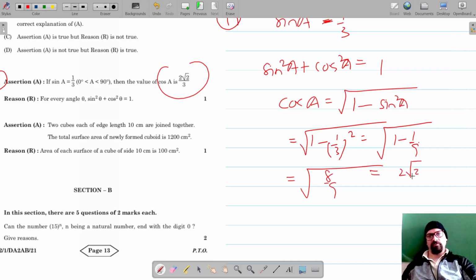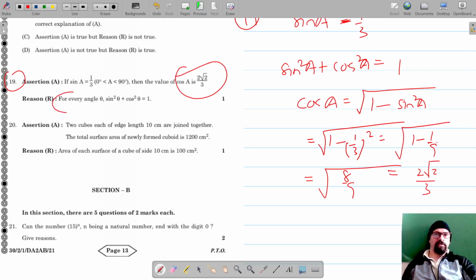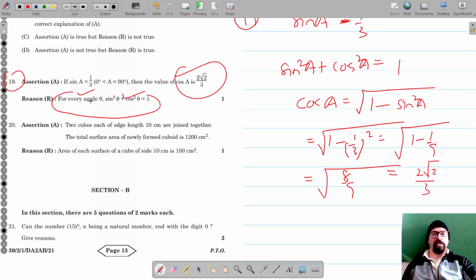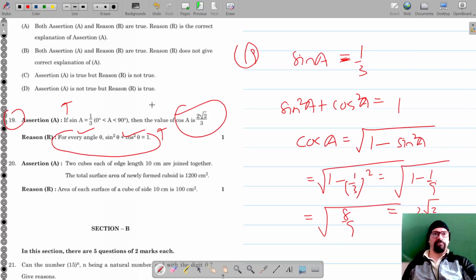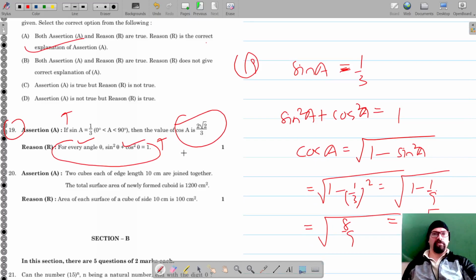So this is 2 root 2 by 3. This is the value of cos A, which is correct, calculated using the identity sine square theta plus cos square theta is equal to 1 for every angle theta. So both assertion A and reason R are true, and reason R is the correct explanation of assertion A. So our option for question number 19 is A.